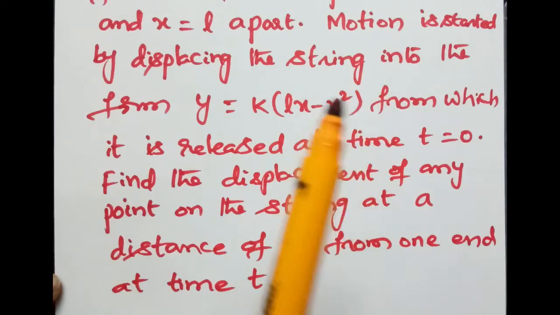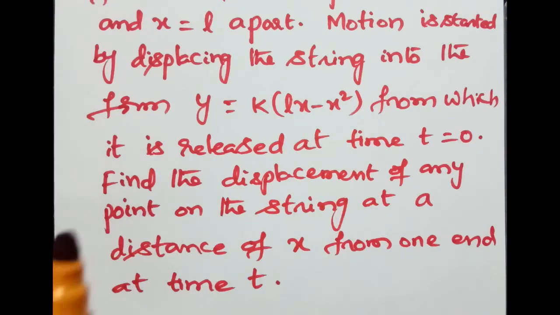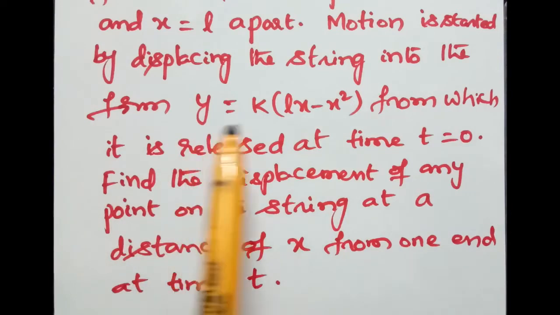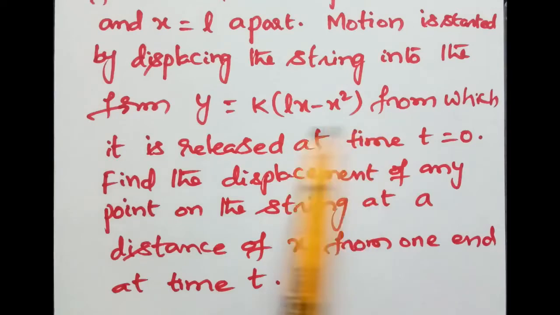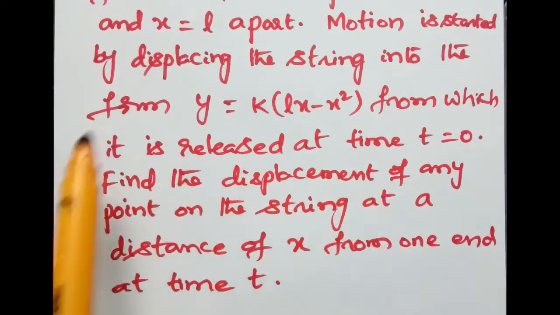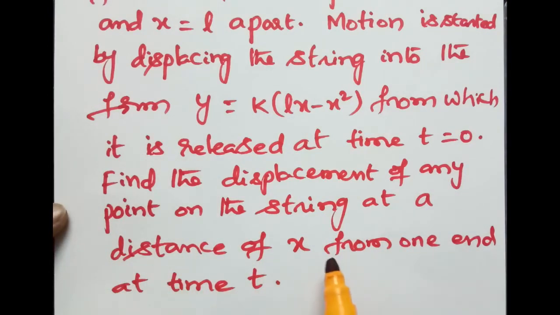What is the displacement at the endpoints, what is the initial velocity, and what is the initial displacement in the string at a time t equal to 0. Now we have to write all these things to find the displacement of any point on the string at any distance of x from one end at any time t.